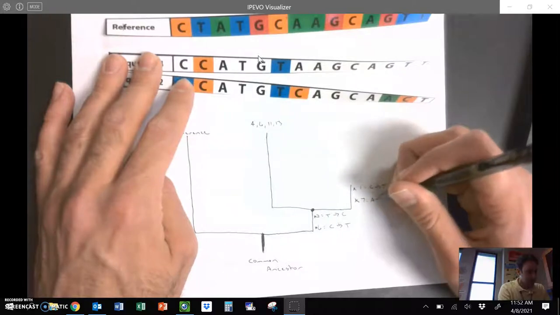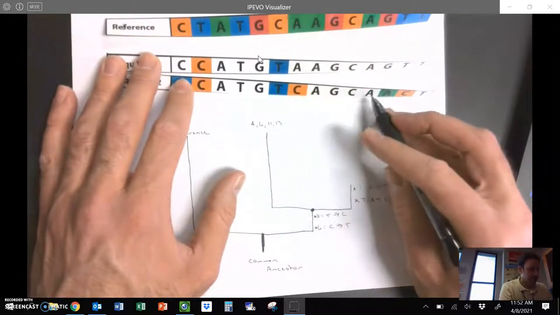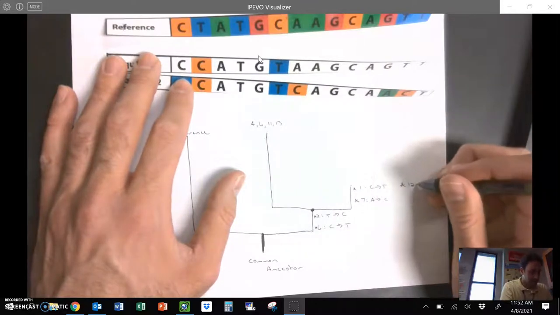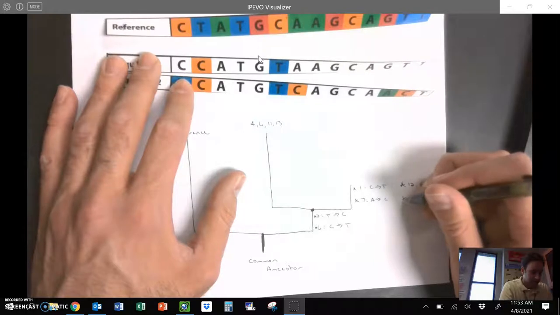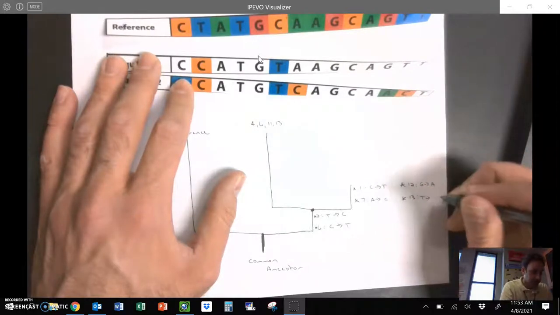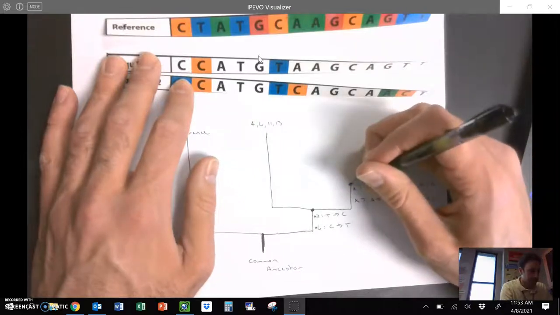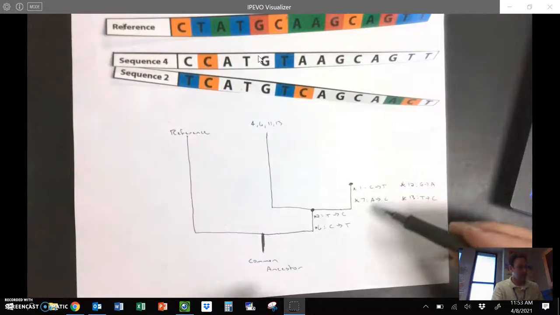This A has changed to a C. At position 8, 9, 10, 11, 12, a G has changed to an A. And then at position 13, a T has changed to a C. And so again, this common ancestor has inherited all 4 of those.